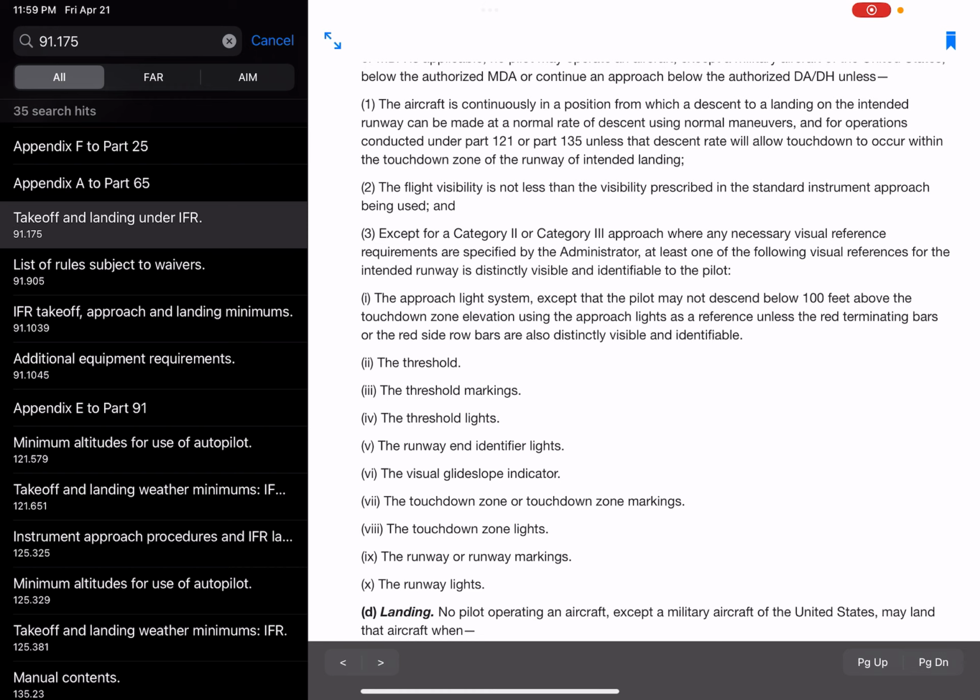Now, how does that make sense? They're part of the approach light system, but why, if we break out of the clouds and we see lights, can't we just commence a descent to land?